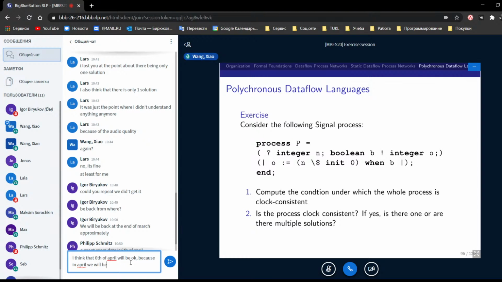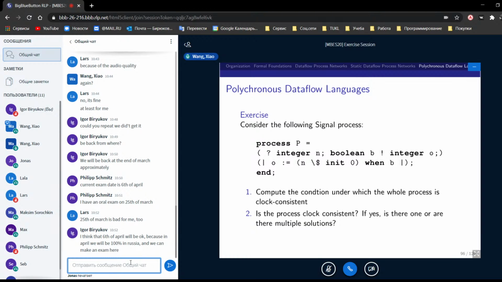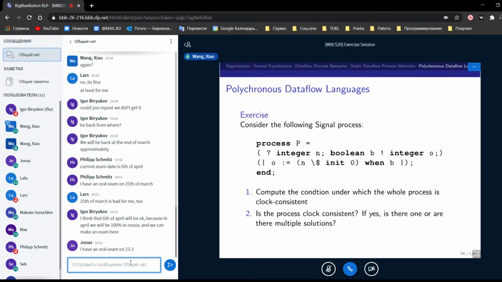And if none of you have any problem with shifting it to one of these 3 dates, then we will do it. By the way, I will also write that in the news section. So if any of you have a problem with that, either because it clashes with another one of your exams or whatever, or you just don't feel like taking the exam that early, then you can say that, and it will be kept.